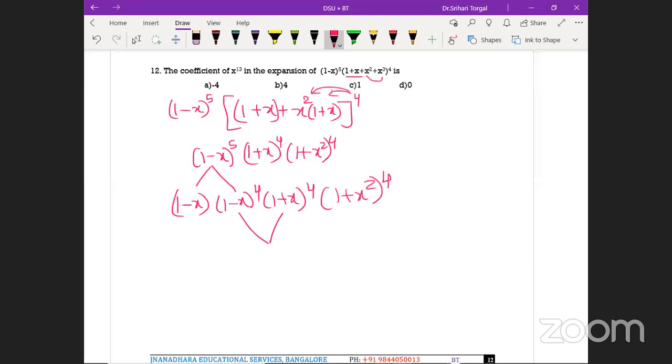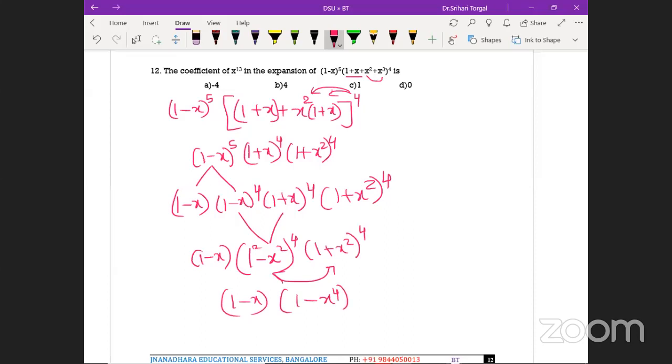If you combine these two, what happens then? (a + b)(a - b), since the powers are same, so you can write this as 1 square minus x square. (a + b)(a - b) is a square minus b square, into (1 - x) into (1 + x^2)^4. Now, since these two have the same power, I can write this as (1 - x^4)^4.